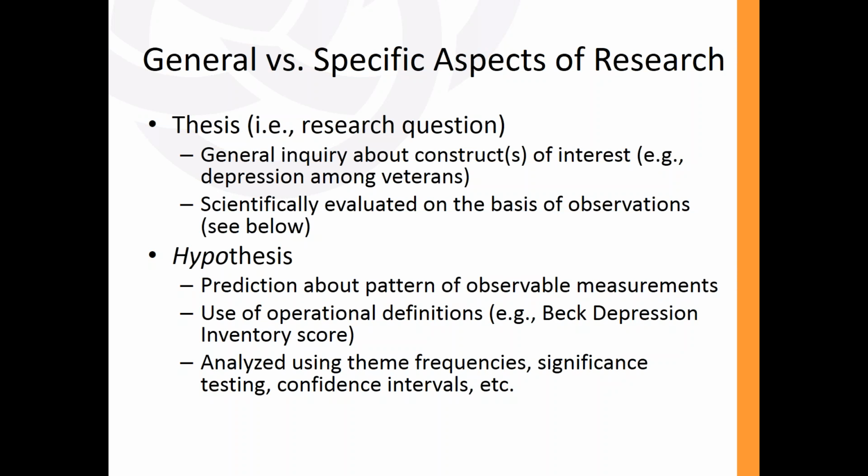So the hypothesis is analyzed using theme frequency, significance testing, confidence intervals, etc. This point talks about this idea of observations, right? If you're doing a qualitative study, you can extract themes from interviews that you conduct with your participants. You can always quantify that and look at how often somebody talks about a certain theme that emerges. You can do significance testing, which we'll look at in terms of quantitative studies.